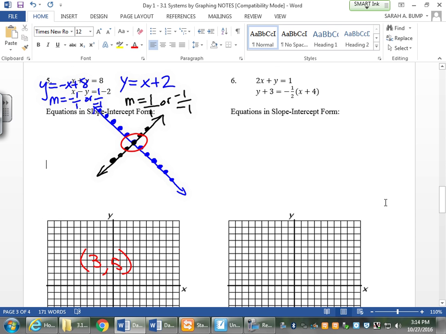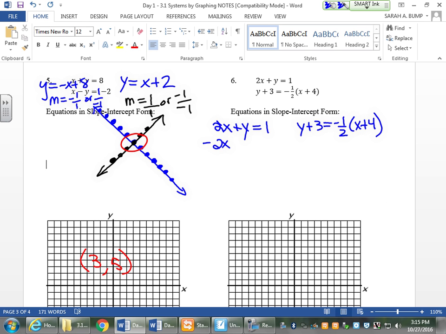If we go to number 6, again, I'm going to rewrite my equations down here so I can isolate y. In the first one, subtract the 2x. You guys can pause, try isolating on your own, and then check up with me when you're done, unpause to see if you get the same answer.